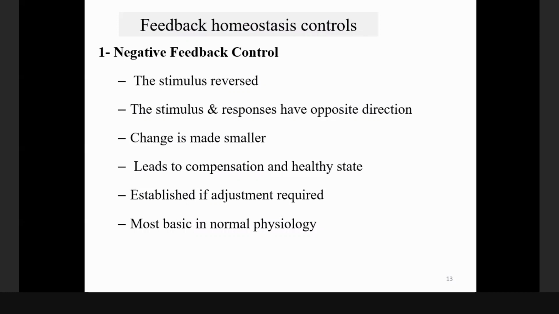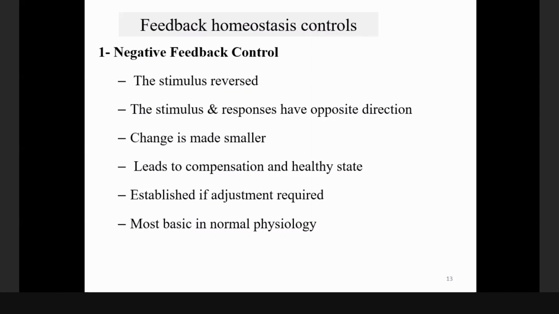For instance, your body temperature is normally 37 degrees centigrade. But because of changing factors, like an infection, your body temperature is increased to 39 degrees centigrade. So how much is the change?